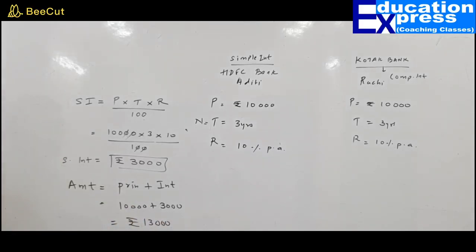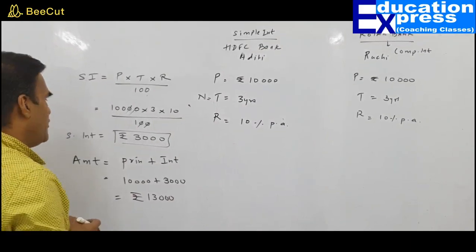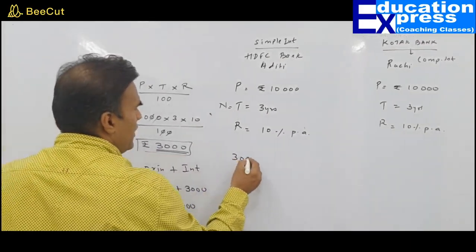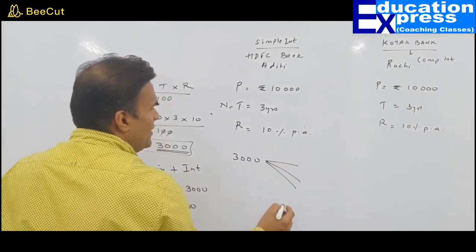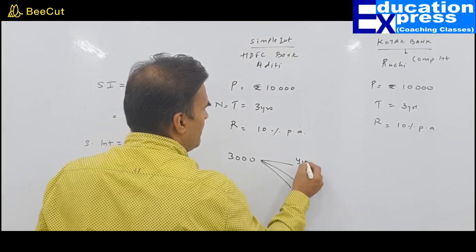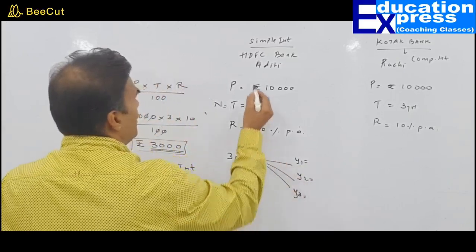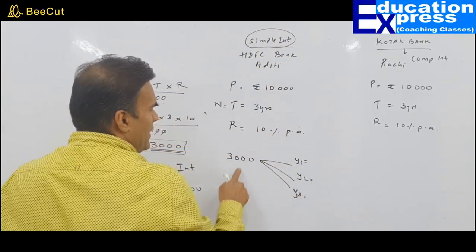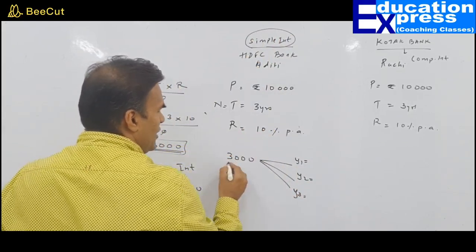Everyone knows about this story, but one thing which I will tell you. The amount of interest that you receive is 3,000. I have received for how many years? So you have received for first year, you received for second year, you received for third year. Whenever it is a matter of simple interest, every year will remain the same. This 3,000 interest is for 3 years.